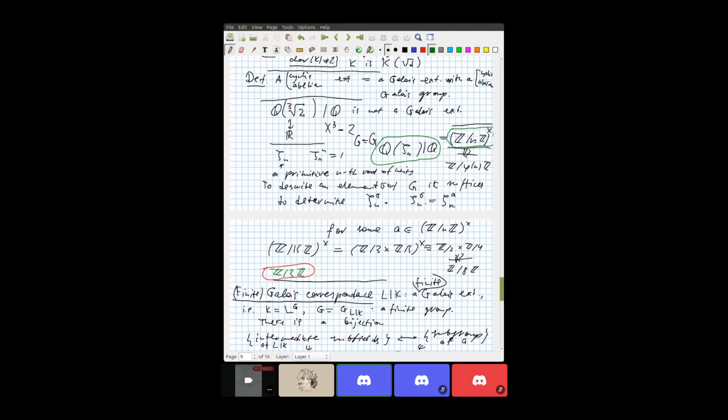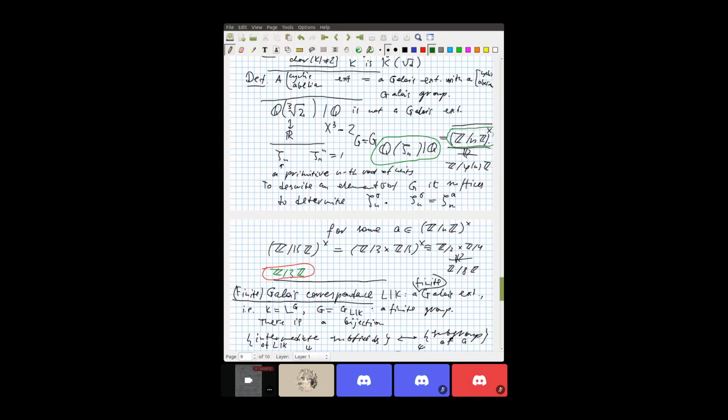To describe them, it's sufficient to describe how an automorphism acts on some primitive nth root of unity, zeta n. This primitive root of unity should be sent to another primitive root of unity, and any other primitive root of unity is a power of our fixed one, zeta n. And this power is an invertible residue modulo n. So that's how we get this isomorphism.